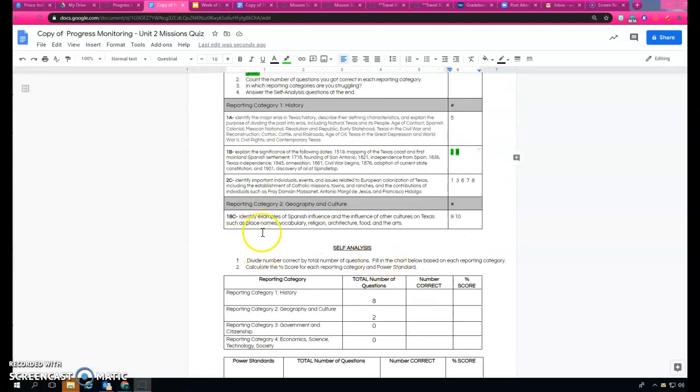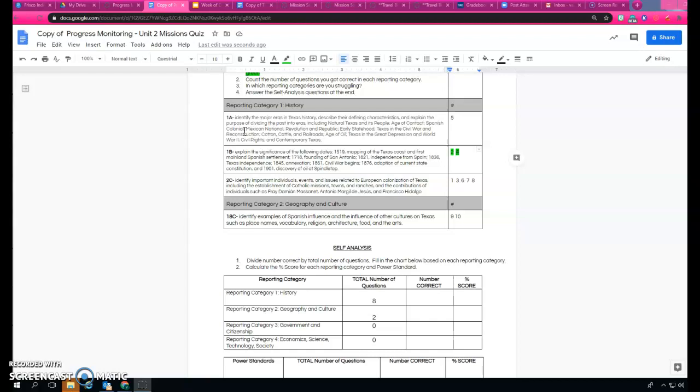One thing I want to point out is that these are your standards. These are the standards that you are required to know for Texas history. This is set by the state of Texas. These are the TEKS that we teach. And as you can see, we have covered all of these prior to your quiz. Some of them are pretty lengthy.